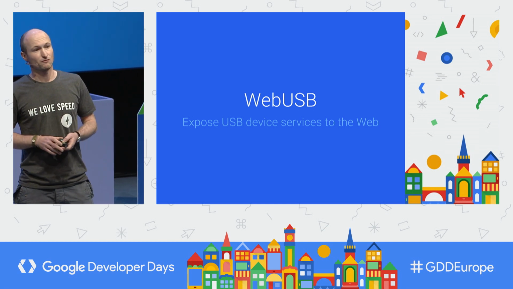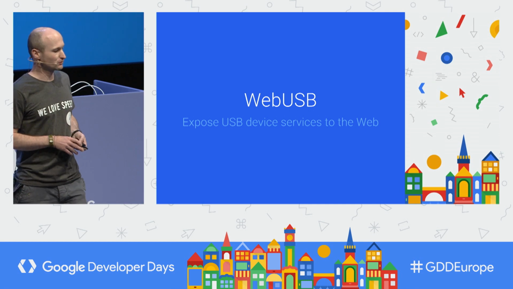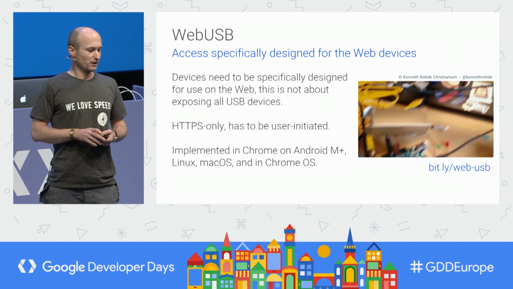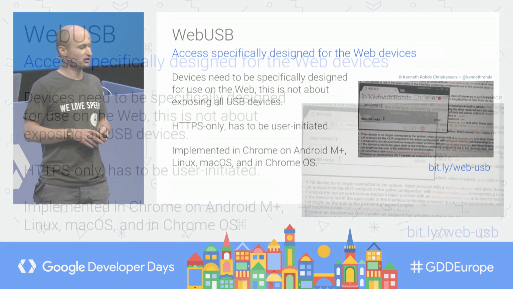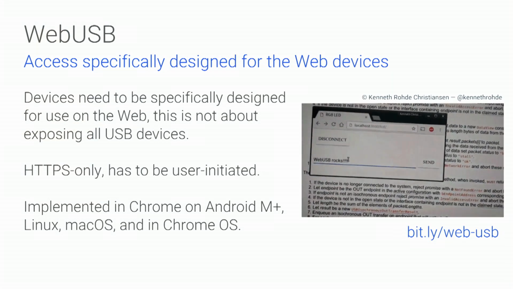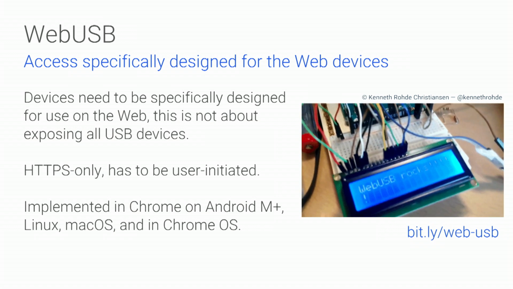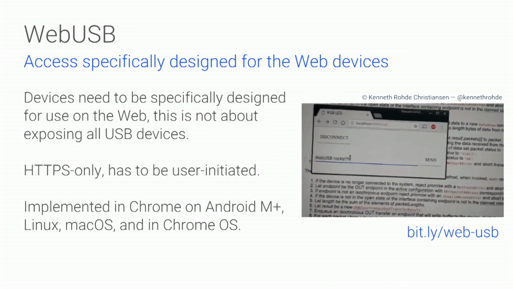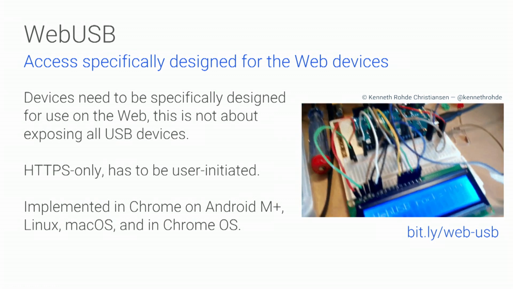The next thing is WebUSB, which allows you, as the name suggests, to expose USB devices directly to websites. This is, of course, not for any and all USB devices, but for USB devices that were specifically designed for that. In this demo here, created by Kenneth Rohde Christiansen, you can see how he's using WebUSB to talk to an Arduino board to then display text on a dot matrix screen.